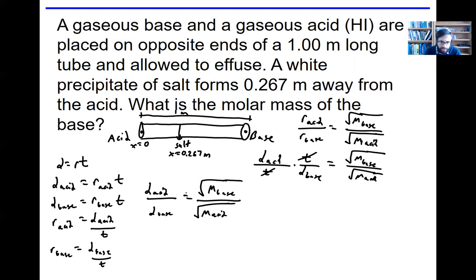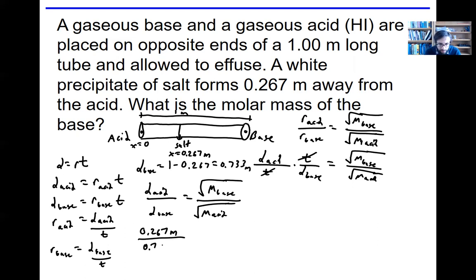And so at this point, we just need to plug stuff in. D acid is going to be 0.267 meters. We have that. And what is D base going to be? Well, the whole tube is 1 meter, and so they met here. So D base traveled 1 meter minus 0.267 meters, which is 0.733 meters.